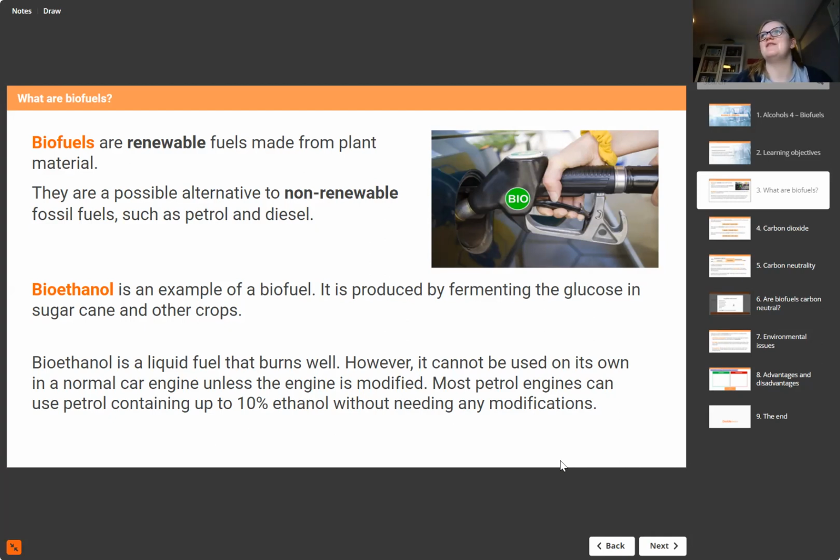So we're using 10% less petrol. It'd be great if we could use 100% less petrol, but we can't. So that is a benefit rather than just using petrol completely. And those cars don't need any modifications. There's a few cars that can't use it, so people know their car can't use it, and they have to make sure they use the right one at a petrol station now. They can't just put any petrol in. That's basically what biofuel is.